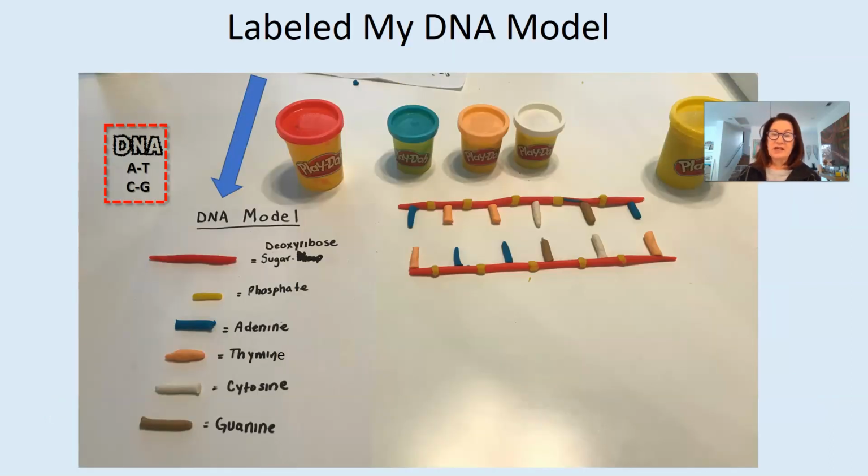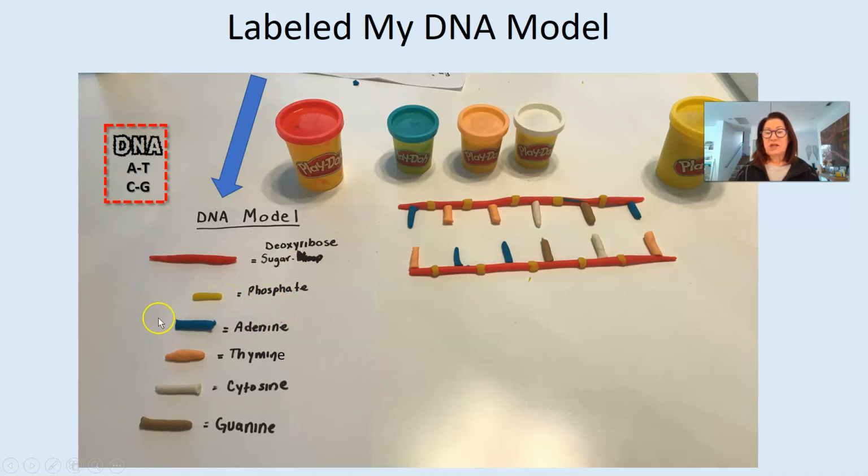Okay, so next, I got to make my labels, right? Because I'm big on labels. As you can see over here, I have DNA, A goes with T, C goes with G. And then I put here what I labeled it all. I used the red for my deoxyribose sugar. I used yellow for my phosphate.